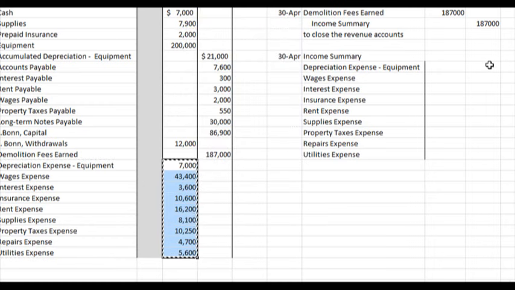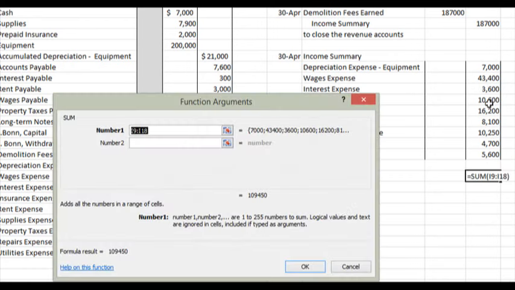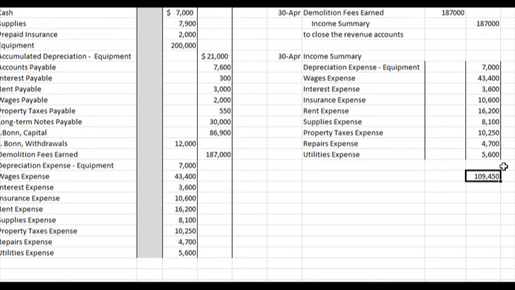So I'm going to copy those, and I'm going to plug them all into the credit column. This total is what's going to be debited to my income summary account. Now you would do each one individually. I'm just trying to be a little quick here. So the total of this column, I'm going to get a sum here. Get a little Excel lesson while we're at it. Is going to go here.